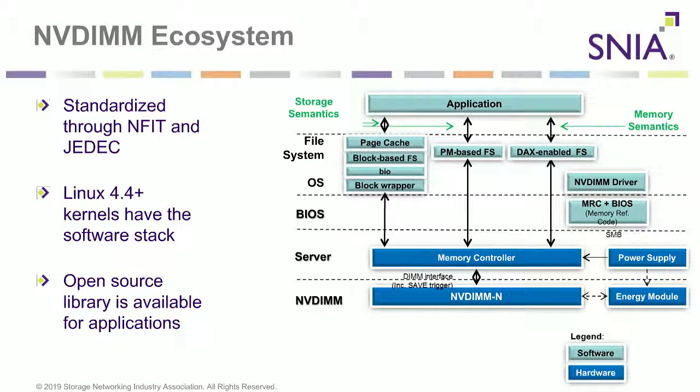But the best part is there is also a load store way of accessing it, which is enabled in the later kernels. It's available both in Windows and Linux, so you can do a direct load store to the NVDIMM. You're accessing it the fastest way, like how you're accessing the system memory, but it is also persistent.